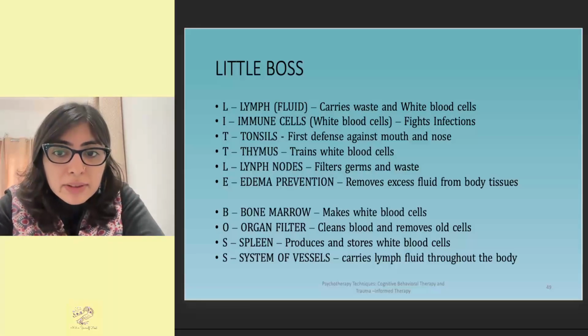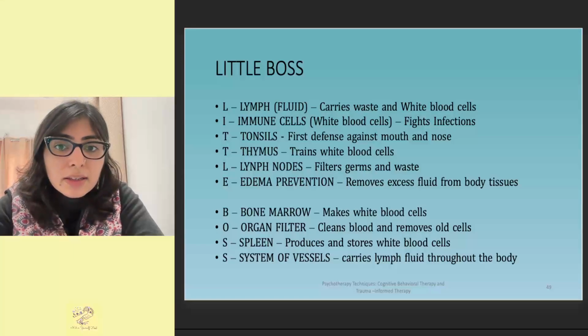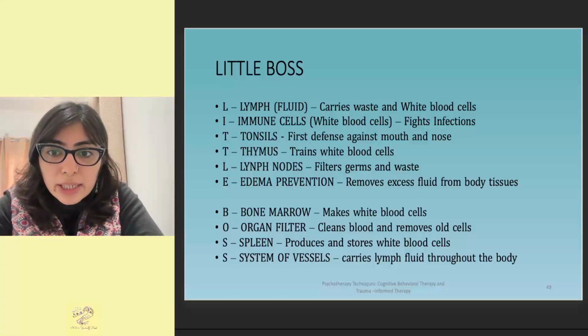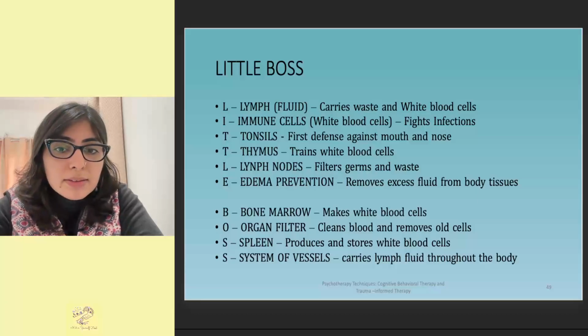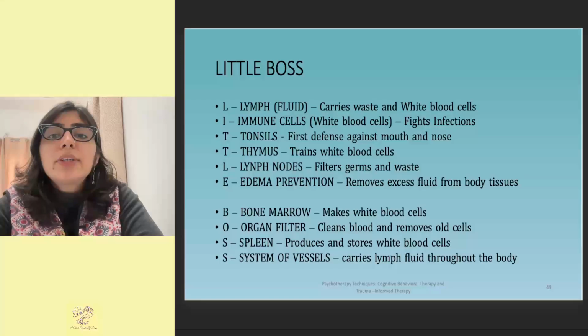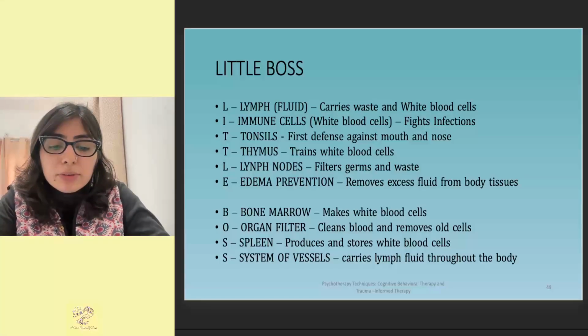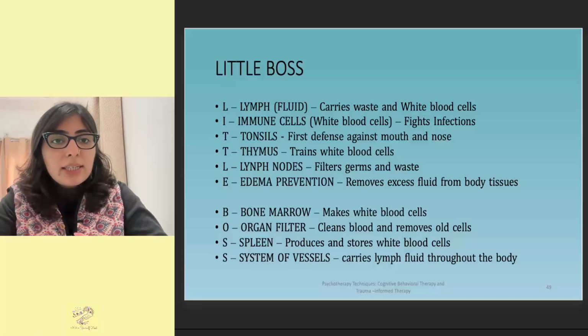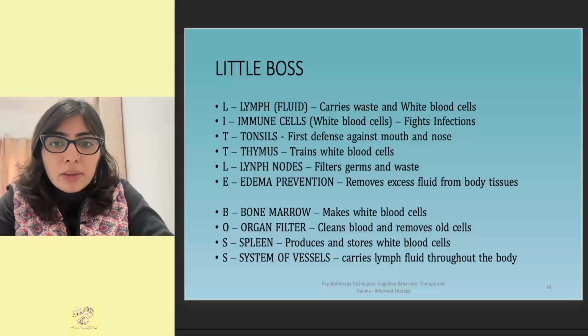Then there is the thymus, which trains white blood cells. Lymph nodes, the ball-like bean-shaped structures, filter germs and waste. Edema prevention removes excess fluid from body tissues. So you must have observed or heard there is a condition where there is a lot of water collected in feet or in certain parts of the body.